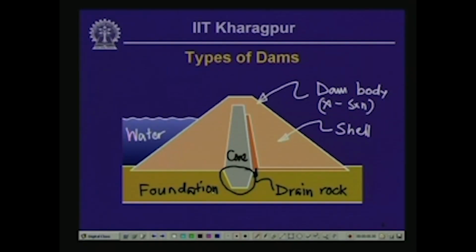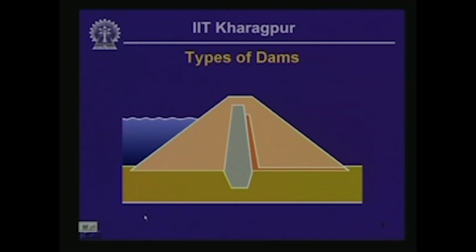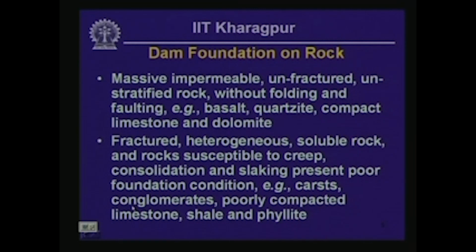So these are different types of dams, and then what we have to look at are the considerations while selecting a dam site. Which areas in fact are going to provide a proper foundation for a dam?